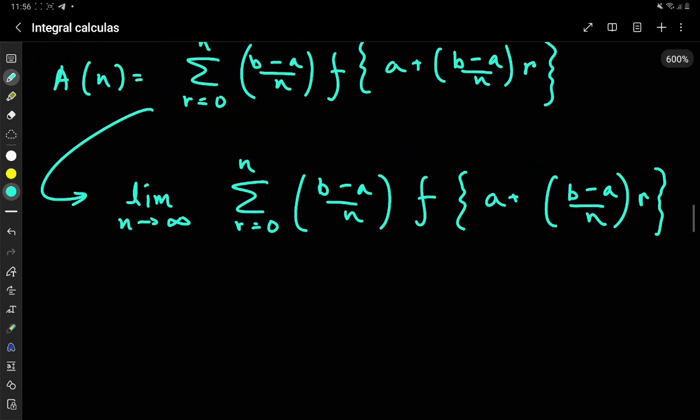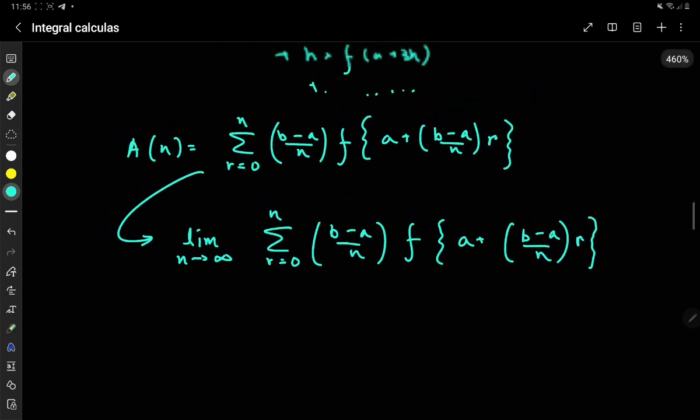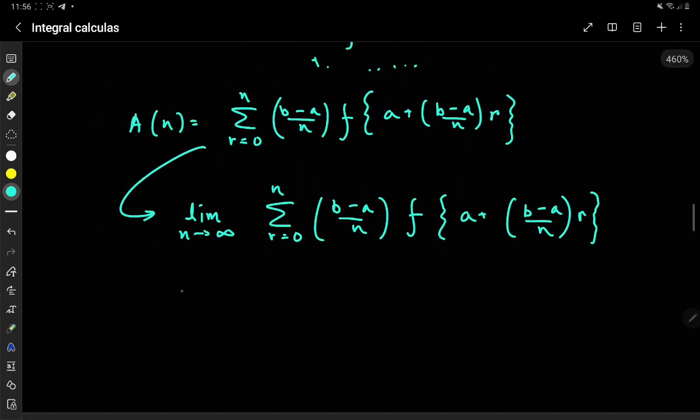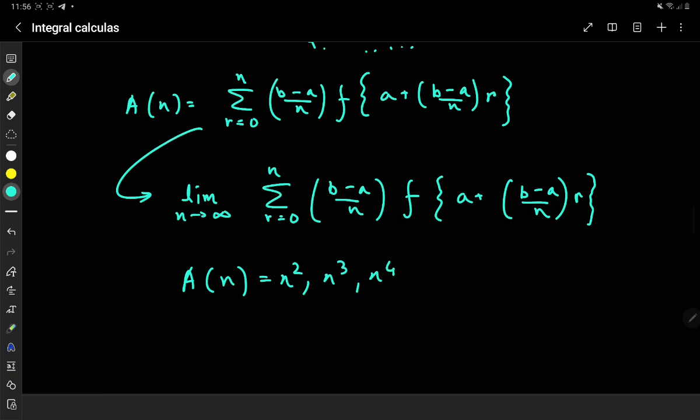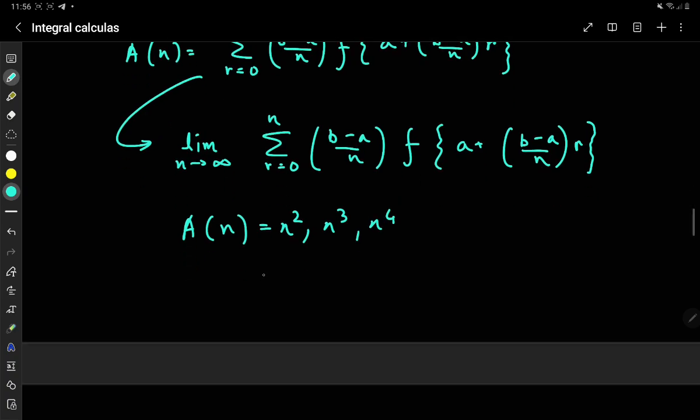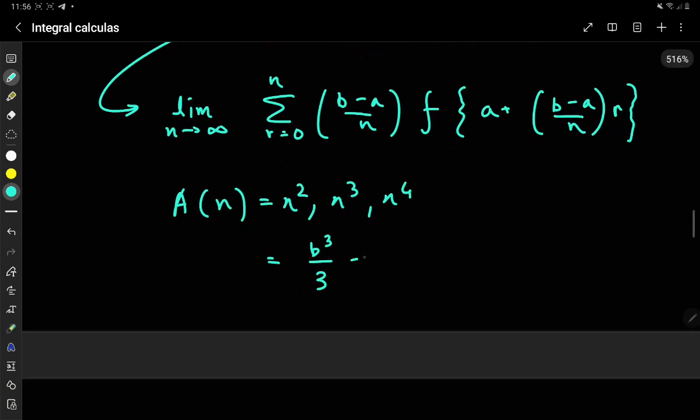So basically Riemann did this, and what he found out was, when he tried to find the area of simple equations like x square, x cube or x to the power 4, he found a pattern. The pattern was that it used to be something like b cube by 3 minus a cube by 3.